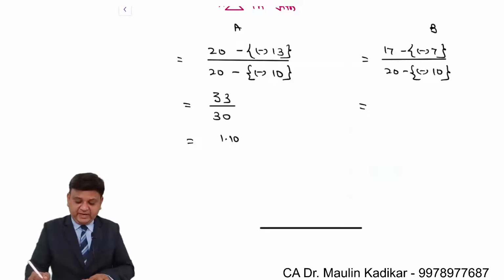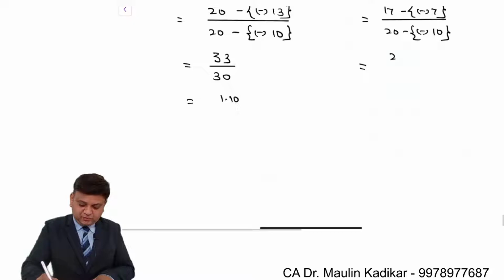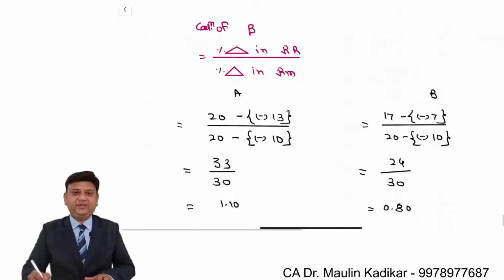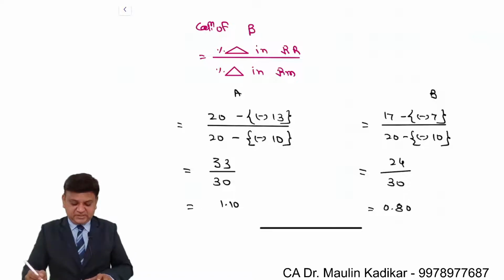So 17 minus 7, that comes to 24, divided by 30. That comes to 0.80. This is the way the beta can be calculated. This is the first method.